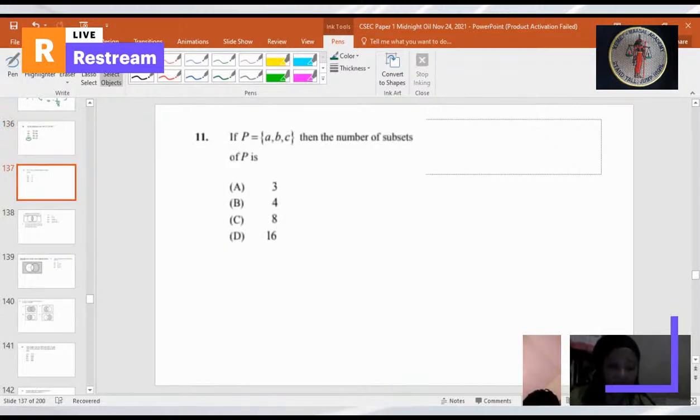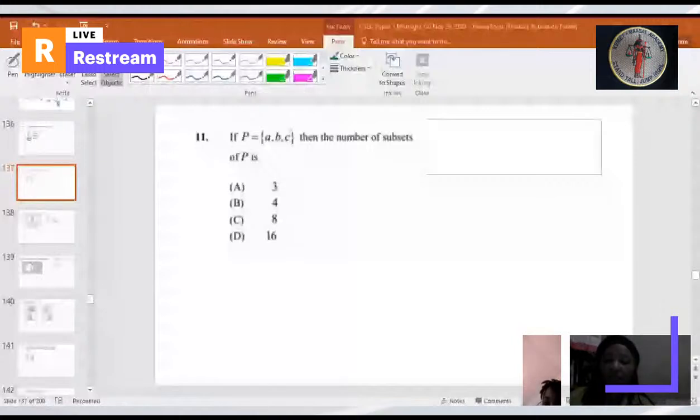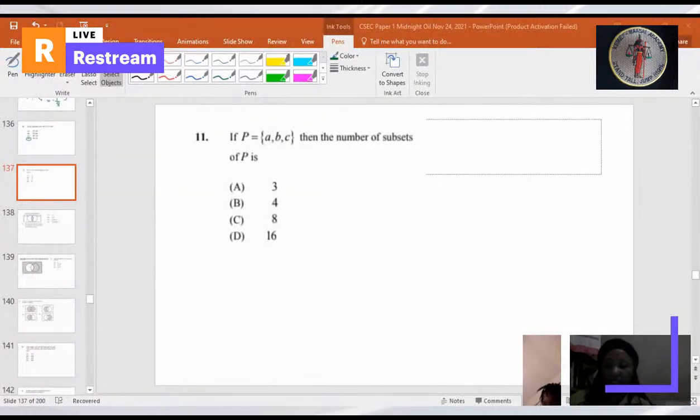Number 11. If P is equal to {A, B, C}, then the number of subsets of P is. So how do we work out the number of subsets?